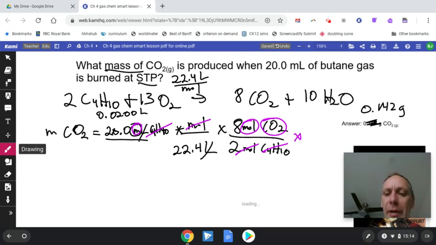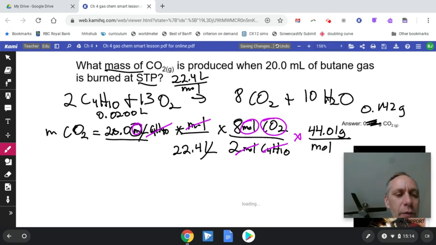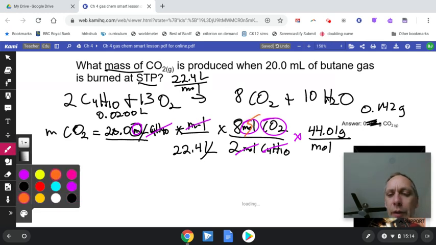So I need molar mass, which is 44.01 grams per mole. We're looking for grams on top. The moles cancel out. Moles gone. So now my final unit is milligrams, and the only chemical left is CO2.